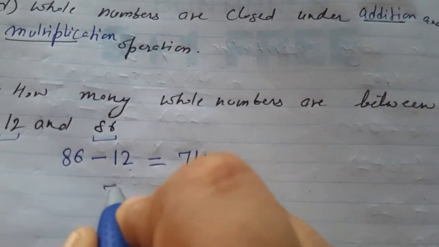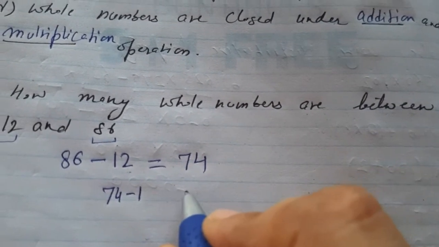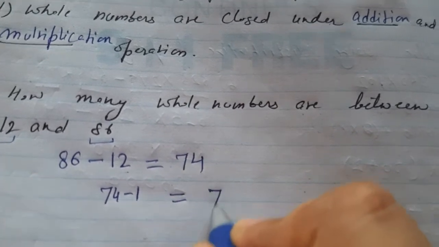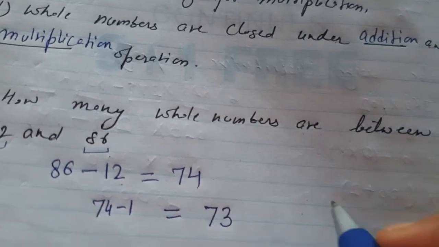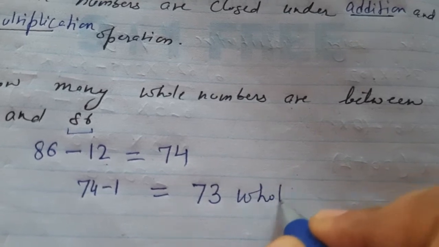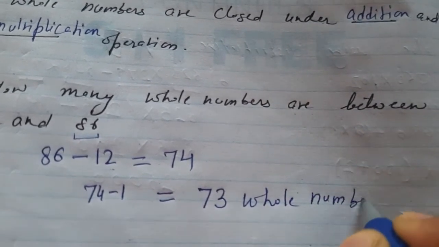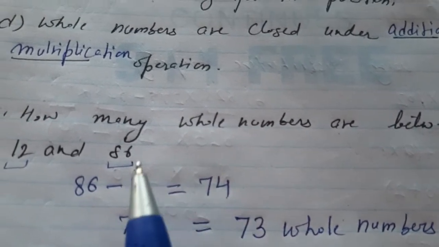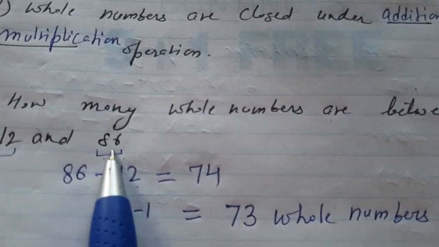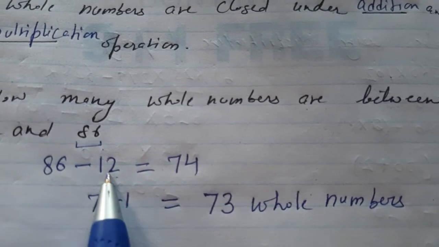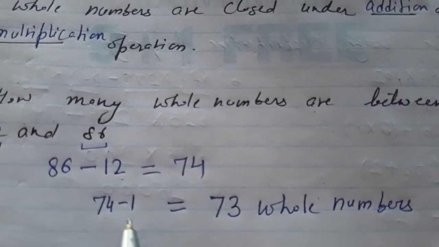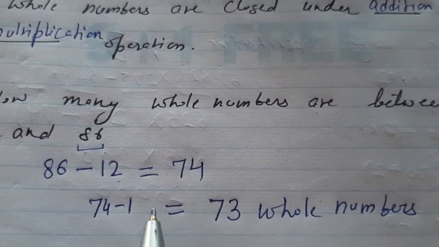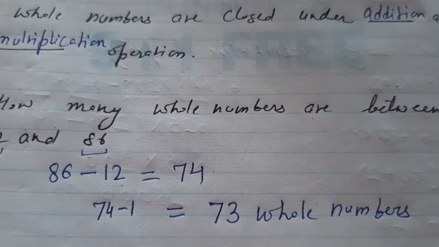So we will subtract again minus 1 from 74. So 73 whole numbers are there in between 12 and 86, because in between means both the numbers are not included. After subtraction you have to subtract 1 from the answer. Clear?